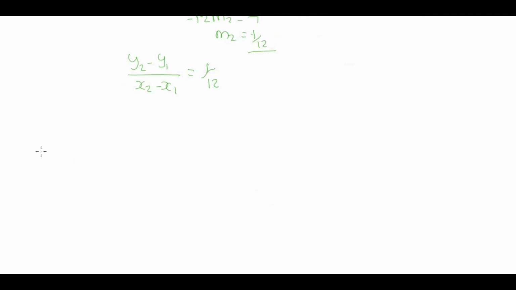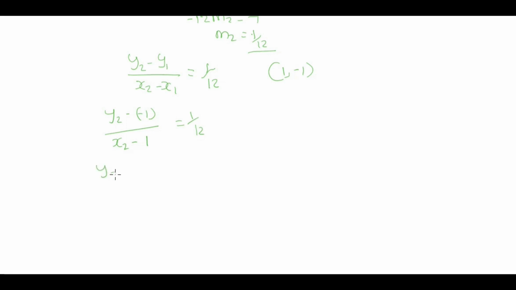So when you work this out, at the point 1, negative 1, it is y2 minus negative 1 over x2 minus 1 equals 1 over 12.